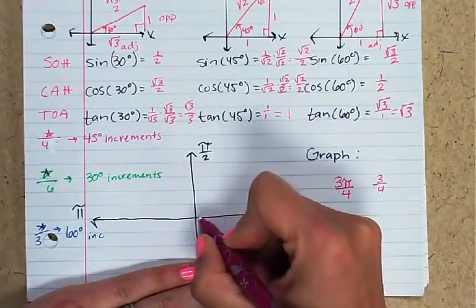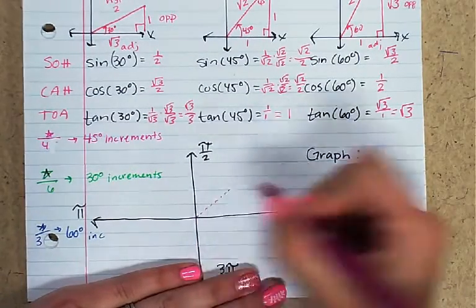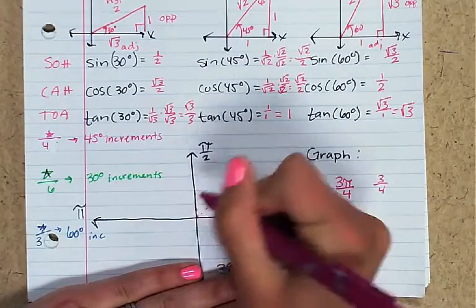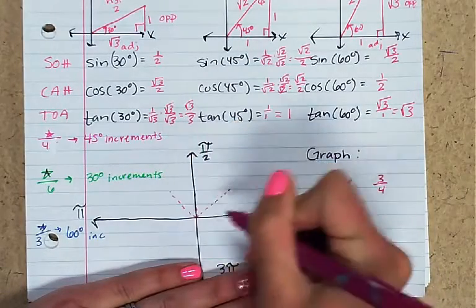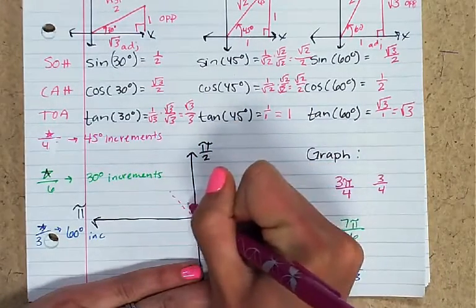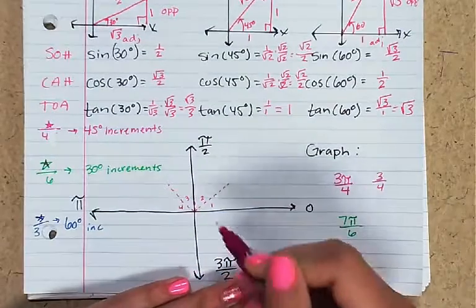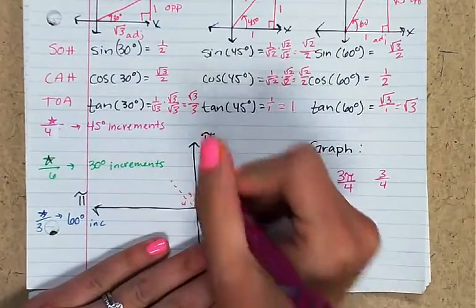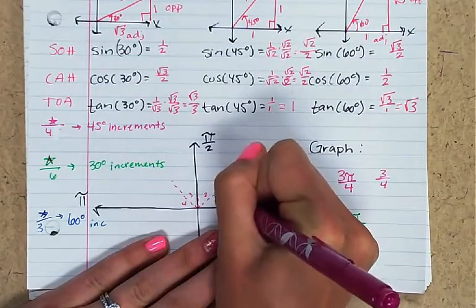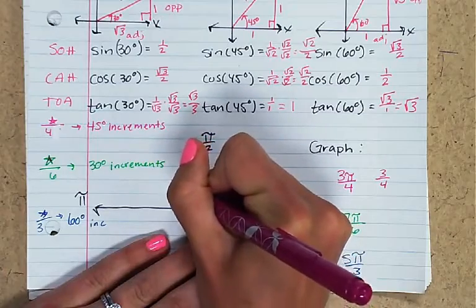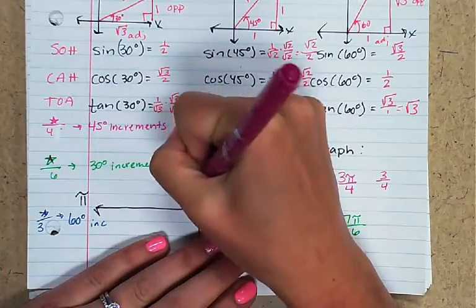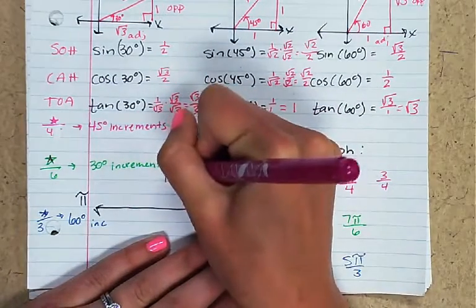So if I split up my coordinate plane here into fourths, so we have 1, 2, 3 fourths there. We want 3 of those fourths. So I'm going to go past 1, 2, and I'm going to hit 3 here. And that right there would be 3 pi over 4.